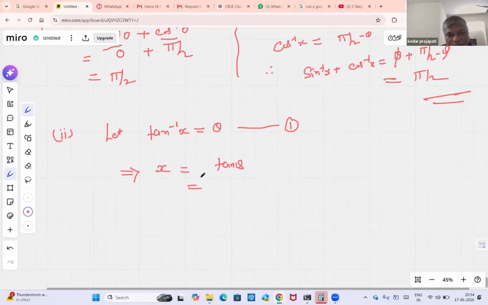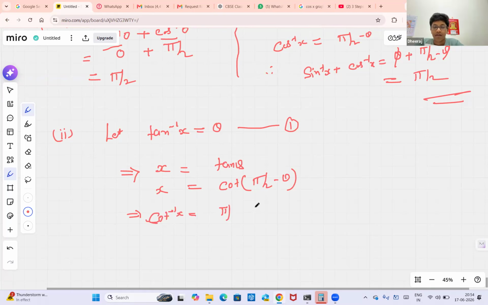How can I write tan in terms of cot? Tan theta is cot of pi by 2 minus theta. But my intention is to find cot inverse x. So if you bring cot to this side, cot inverse x is equal to pi by 2 minus theta. Now this will be equation 2.